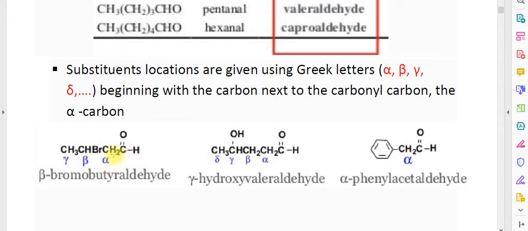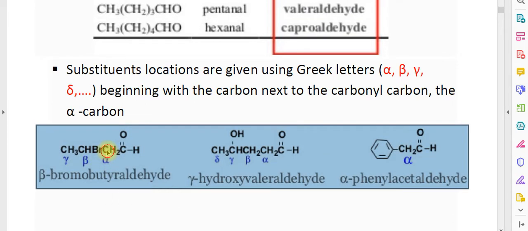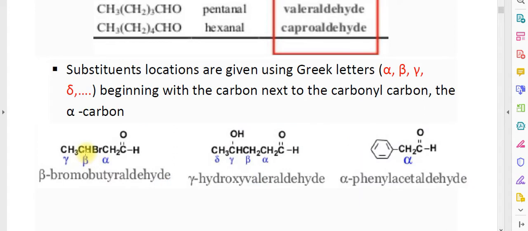In this compound, this is the carbonyl carbon, and the carbon next to it is the alpha carbon, this is the beta carbon, and this is the gamma carbon. Here in this compound, this is the first carbon, the carbonyl carbon, which is attached to the aldehyde. Here you can see one thing: one of the connections of the carbon is to hydrogen. Here you can see one hydrogen, here another hydrogen, and here another hydrogen.